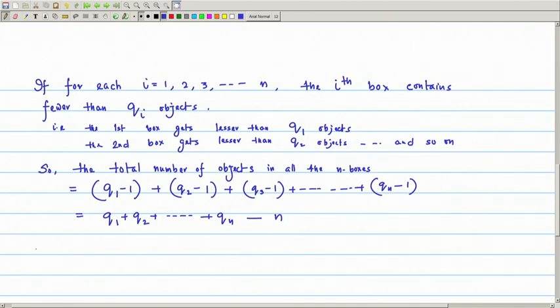So this is the total number of objects in the n boxes.